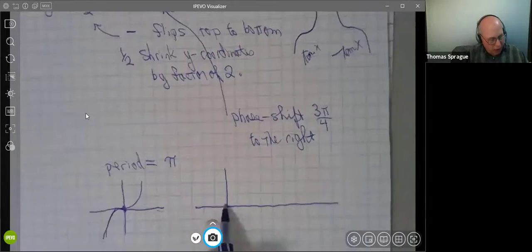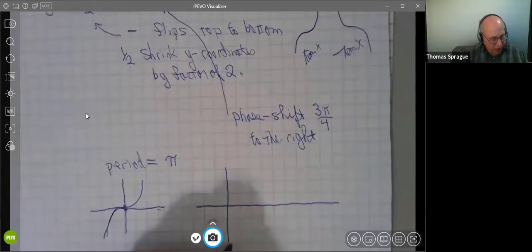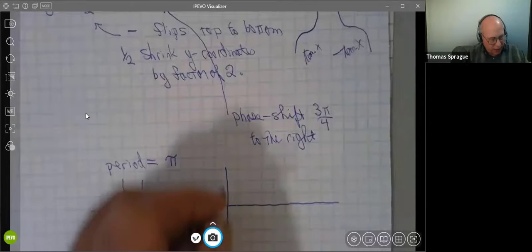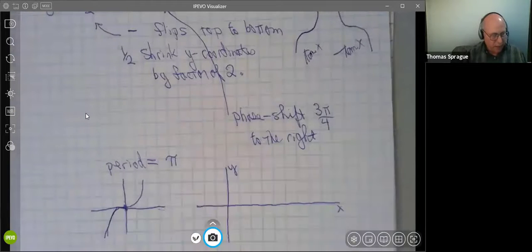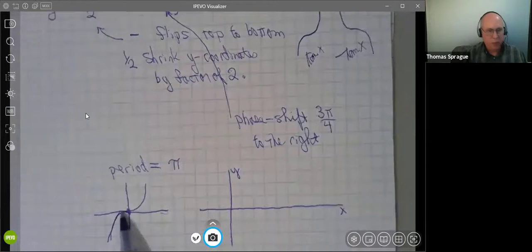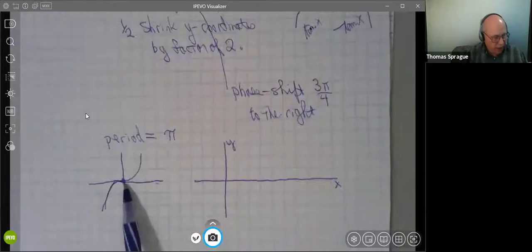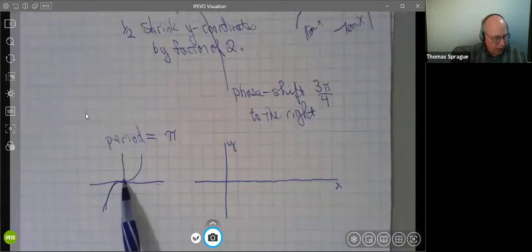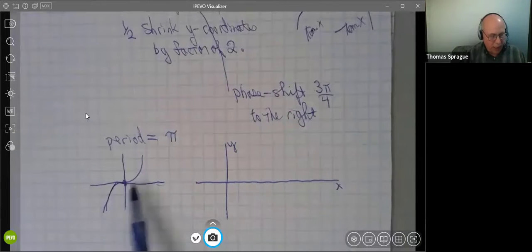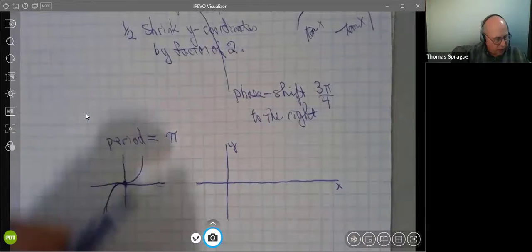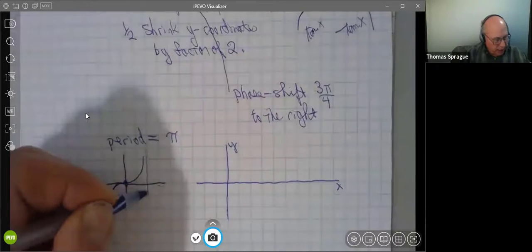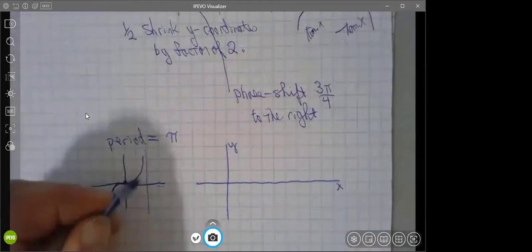Oh, okay. Well, let me finish. This is the y-axis here. This is the x-axis. I haven't drawn my graph yet. So now this point that was formerly at x equals 0 is now going to be at 3 pi over 4. So let's kind of get things started here. I need to draw in my asymptotes.